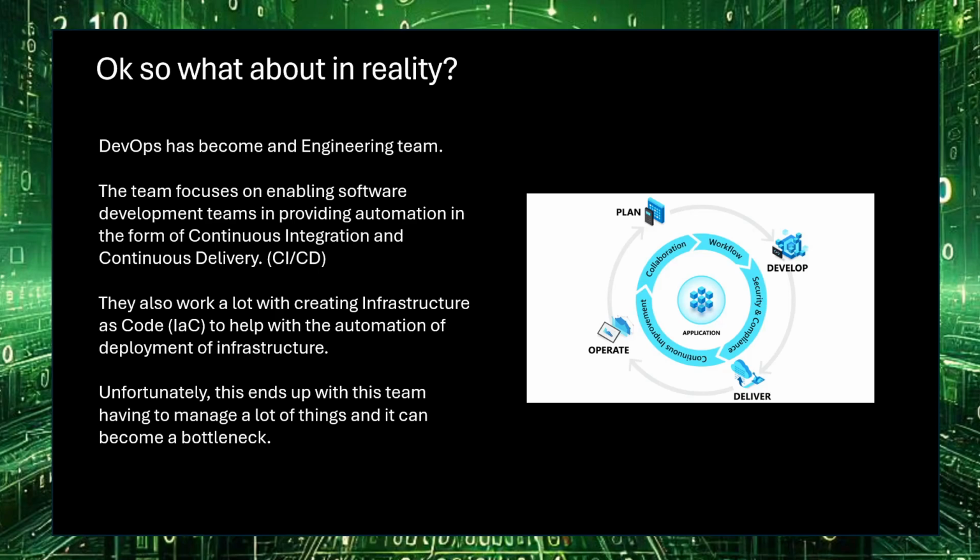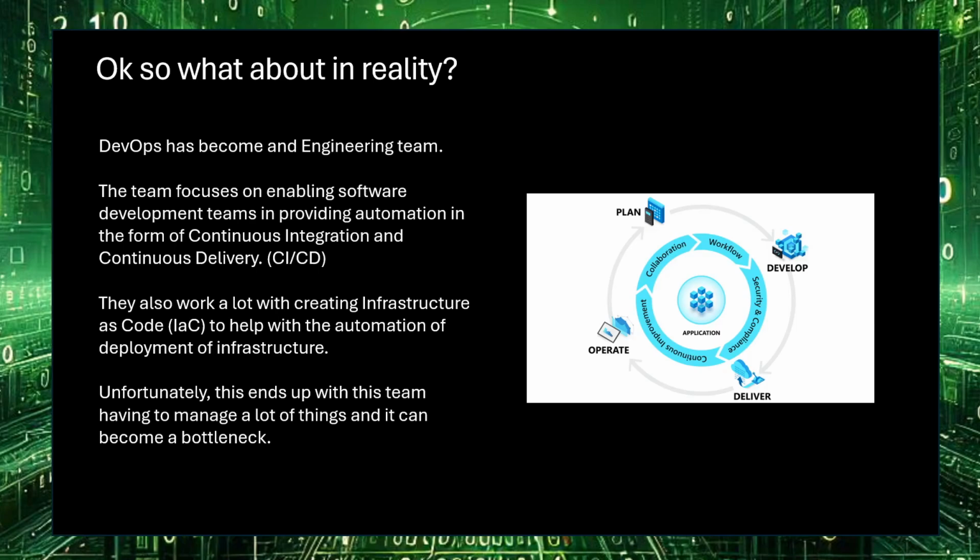That team focuses on enabling software development teams by providing automation in the form of continuous integration and continuous delivery, also known as CI/CD. They work a lot with creating infrastructure as code to help with the automation of deployment of infrastructure.